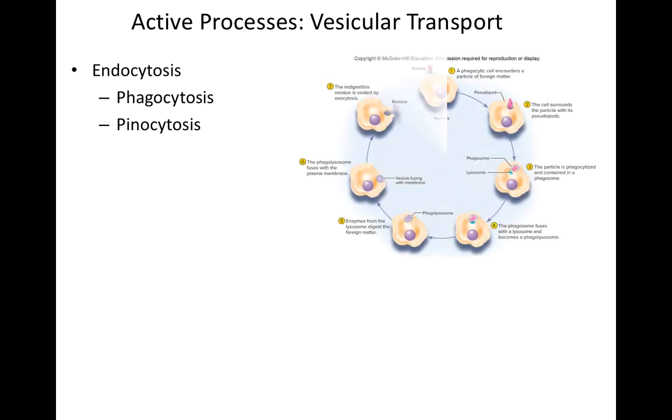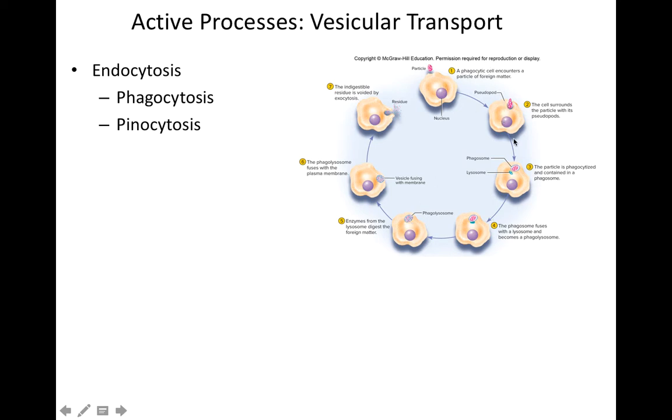So here you can see an example of phagocytosis. You have this particle, you're going to surround it, and because of the self-sealing quality of the plasma membrane, you end up with a membrane-bound vesicle called a phagosome. You're going to fuse that with a lysosome, which is going to chop up whatever happened to be in that particular particle. And so this is the process of bringing something in.